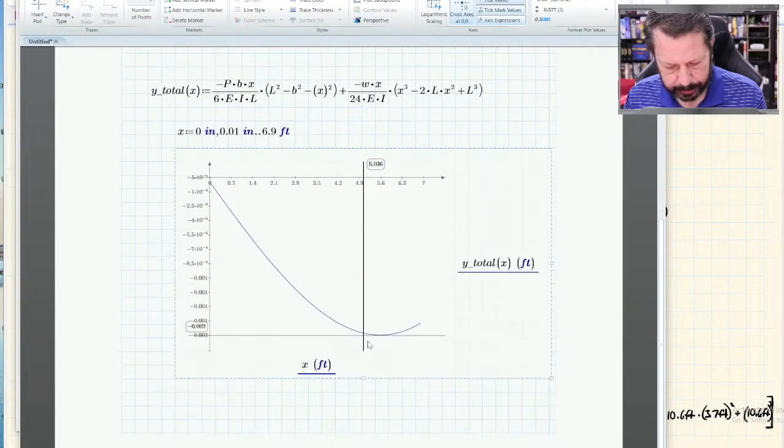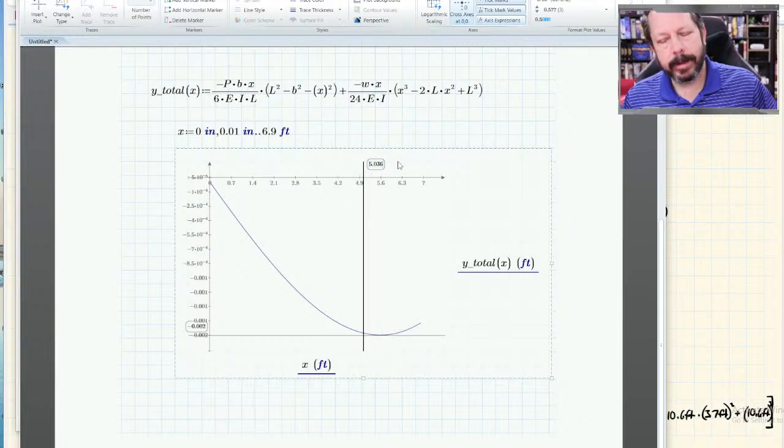But, and so that should be the equation of the elastic curve, but it's showing that it maxes out way over here somewhere. Oh, right, because I have to measure.